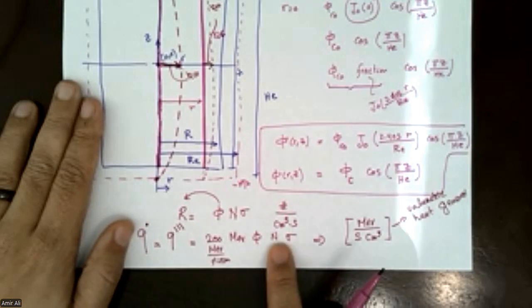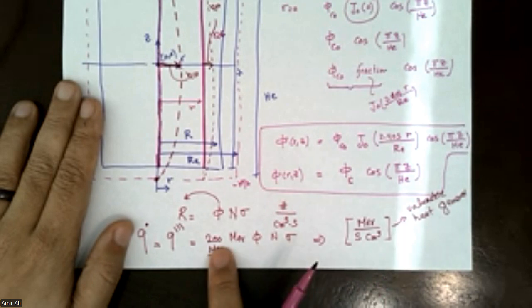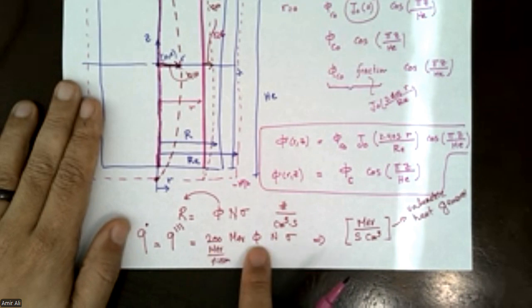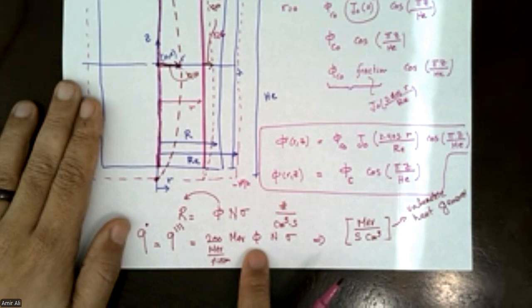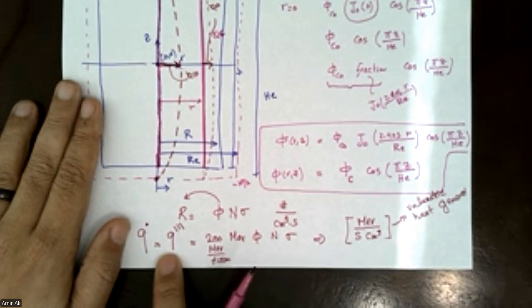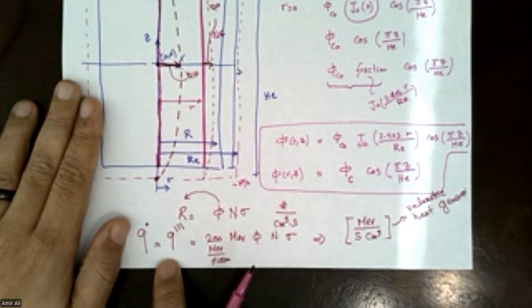You look at that. N is number density. That's a constant. Sigma, a tabulated value, right? 200 is a constant. So the behavior of the neutron flux is matching the behavior of Q triple prime. So the distribution of the neutron flux is the same as the distribution of the volumetric heat generation. If I integrate the neutron flux, I can integrate the same profile for Q triple prime. I will get the total energy generated by a fuel rod.